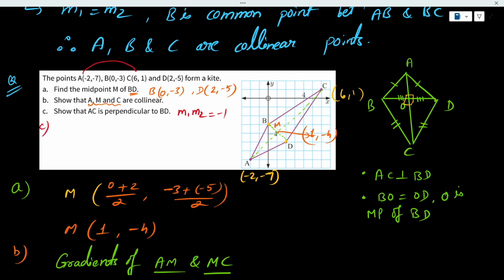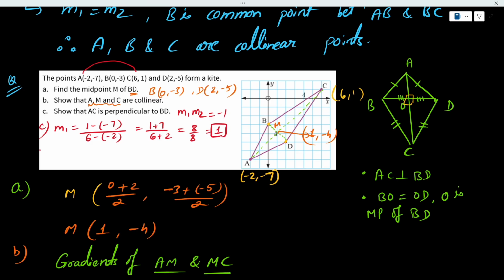I'm just doing it here only for the C part. M1 will be y2 minus y1 by x2 minus x1. So for AC, 1 minus of -7 by 6 minus of -2. Don't go wrong with the sign, otherwise the whole value will be wrong. So 8 by 8, you are getting 1.